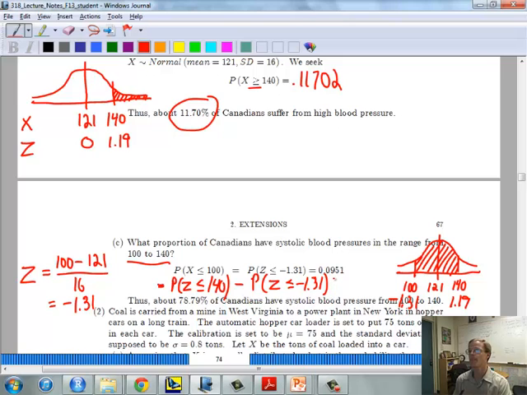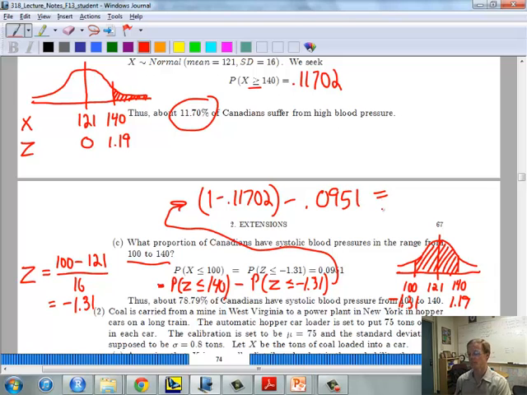So let me write that one over here. 140 would be 1 minus 0.11702 minus 0.0951. And the arithmetic on that, 0.7879. Okay, so we're looking at approximately 78 to 79% of Canadians in that blood pressure range.